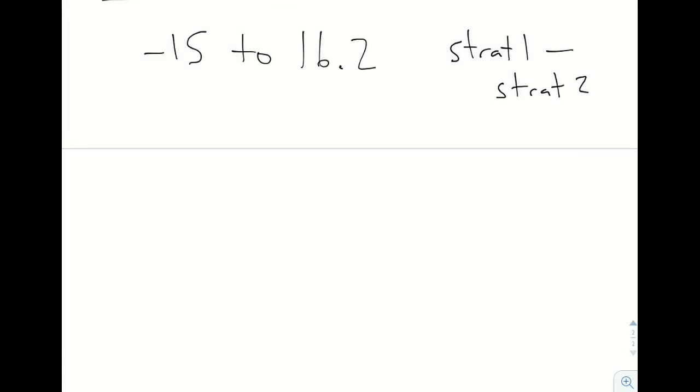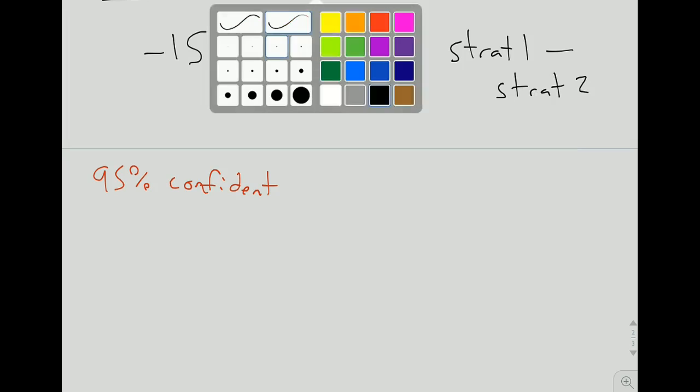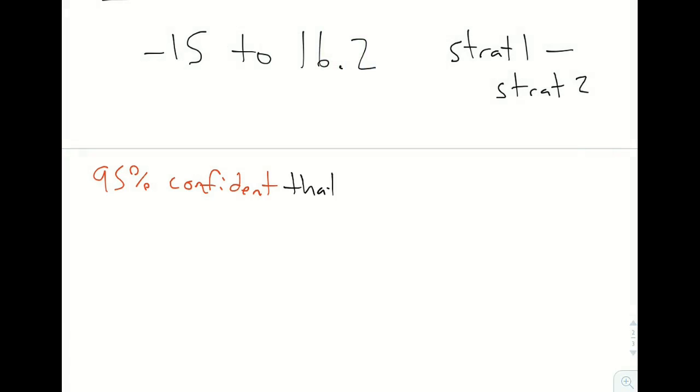So in this case, we are 95% confident, which is one that we typically use, confident that, and then we're going to go ahead and put in our context here, average time, because we are dealing with seconds here.